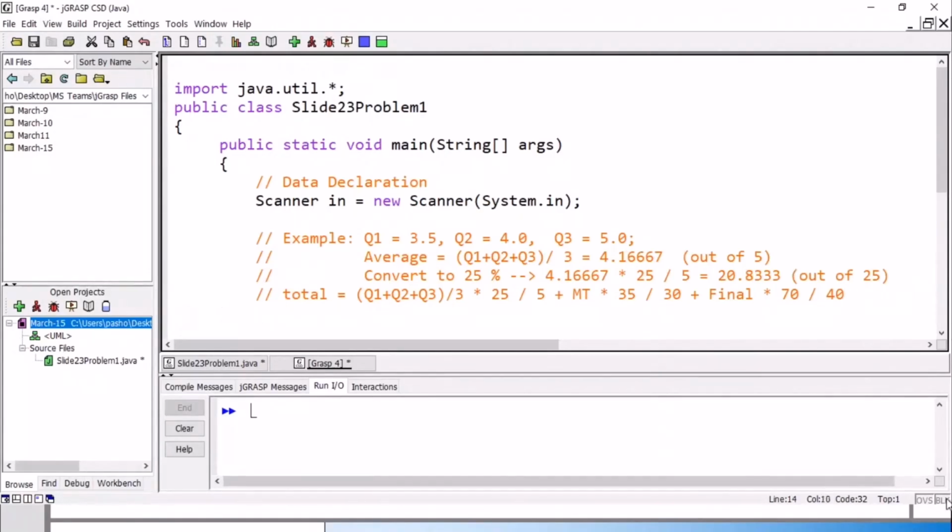So I put that one as a comment so that you understand how to make the conversion.